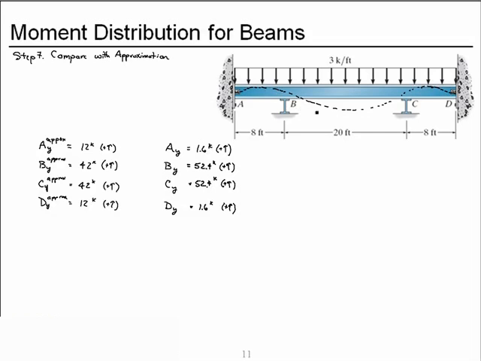And so if our elastic curve, our deflected shape, really did look like this, it would actually be reasonable to think that Ay and Dy might even need to be down. So the fact that it's small, smaller than our original prediction and close to zero, seems reasonable.